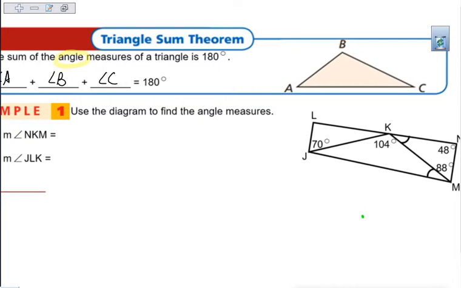So our next problem, we want to figure out what angle NKM equals. NKM. So we already have two angles in that triangle, and we're looking for the third one. So we're going to take and add all three of those together.